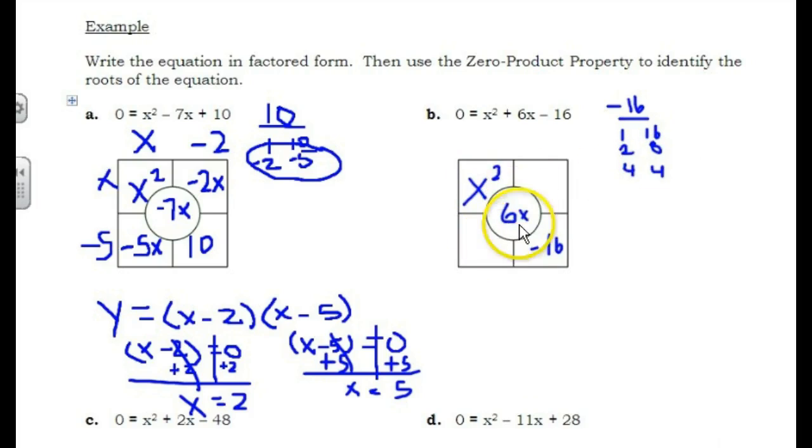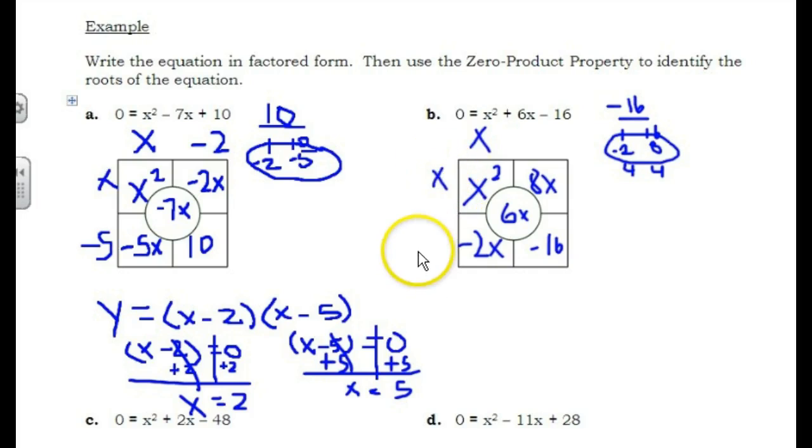If I need to combine to make 6, 16 and 1 will either give me 15 or 17. That doesn't work. 2 and 8 will either give me 6 or 10, and that does work. That will give me 6 if the 2 is negative. So negative 2 and 8 makes positive 6. So I'll put negative 2x in one box and positive 8x in the other box.